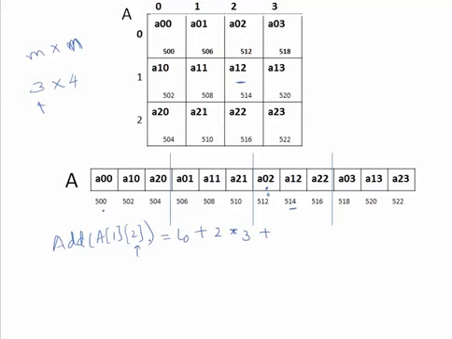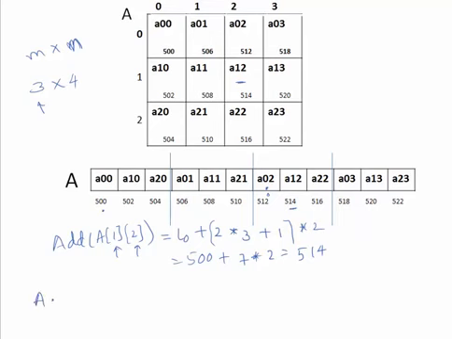Then we have to move only one location, that is i. So this is 1, and this whole thing multiplied by 2. So this is 500 plus 7 into 2, this is 514.